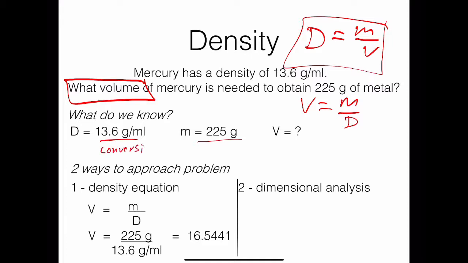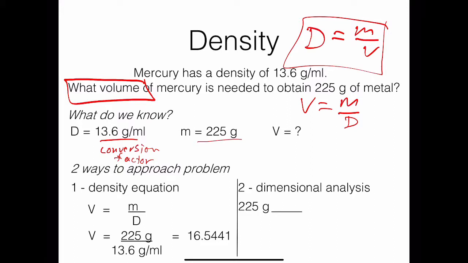This is a conversion factor. We never start a dimensional analysis problem with a conversion factor. We always start with just our single piece of information, because the conversion factor is what we use to change that unit on the single piece of information. So we start with 225 grams.